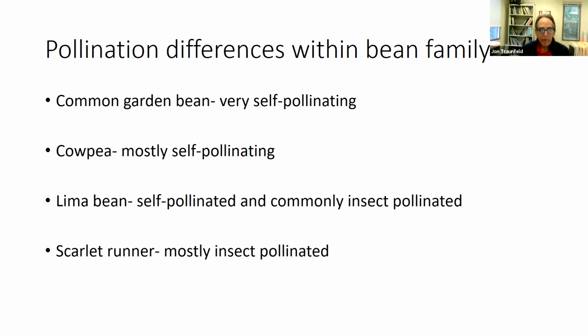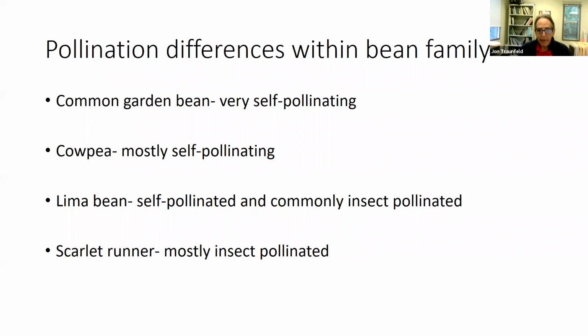By and large, it's very self-pollinating, and you can save seeds from a relatively small number of plants with relatively small distance between different cultivars, and be assured that you're going to be able to successfully propagate that cultivar, save the seed, and you'll have the same plants the next year.